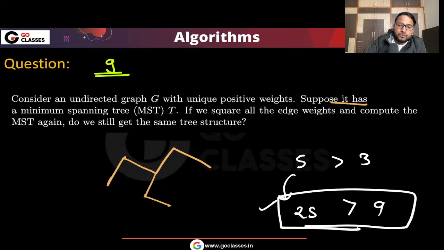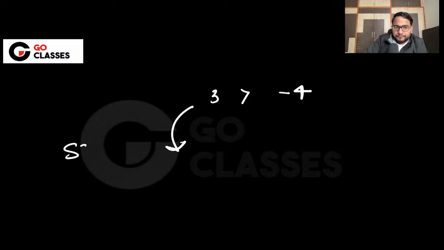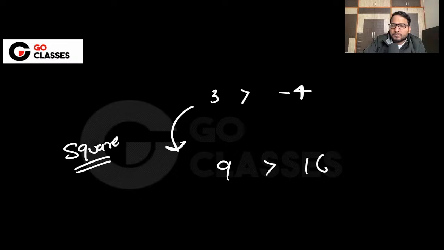So that is true. But suppose earlier you said, for example, that 3 is greater than, let's suppose, -4, but you square them. Then does the relationship still hold? The answer is no, right?